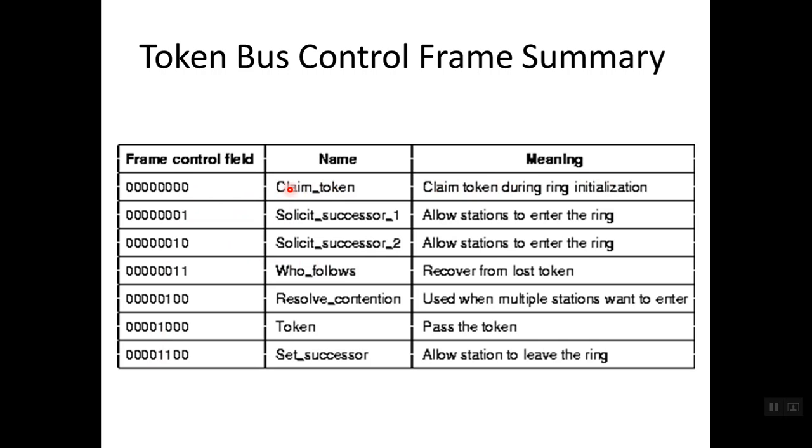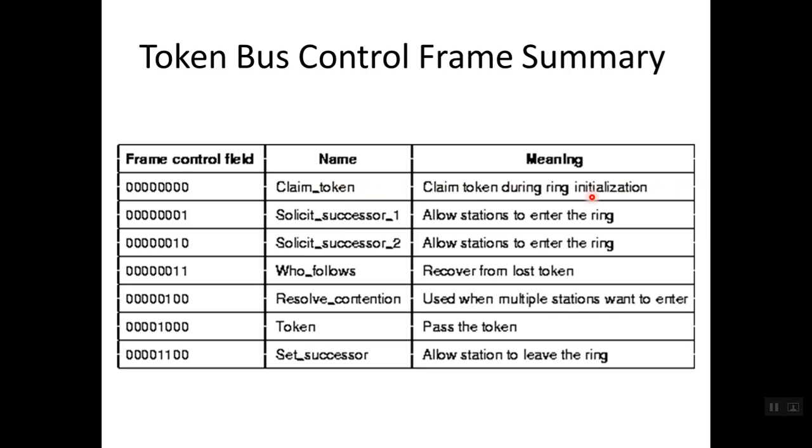When can the claim token frame be sent by a station? This claim token frame is a control frame that can be sent by a station to claim the token during ring initialization.